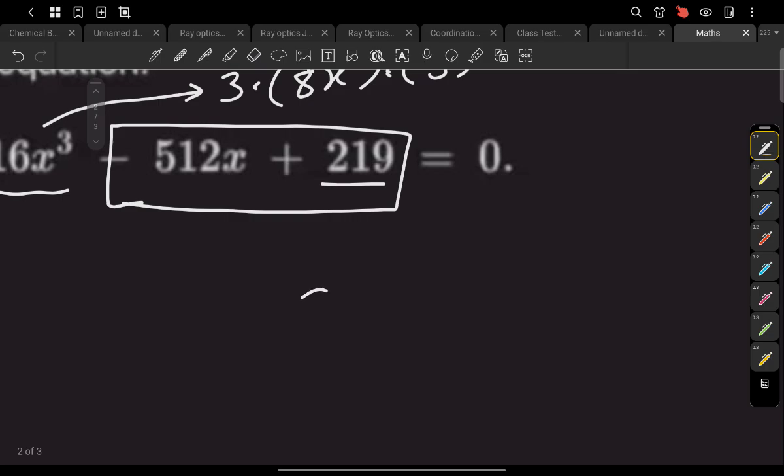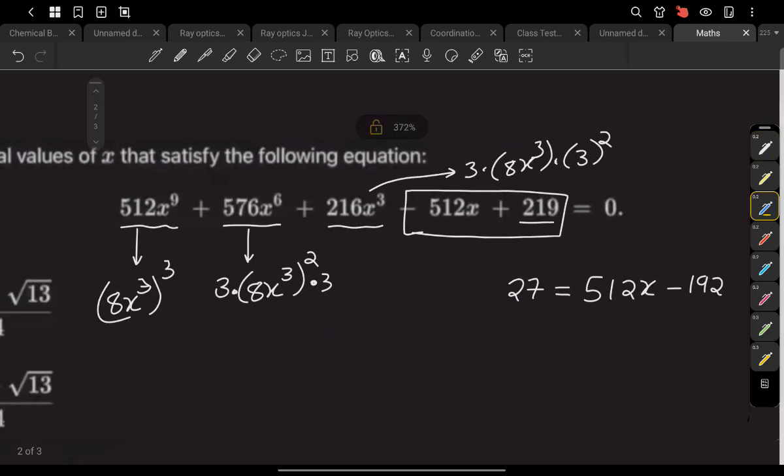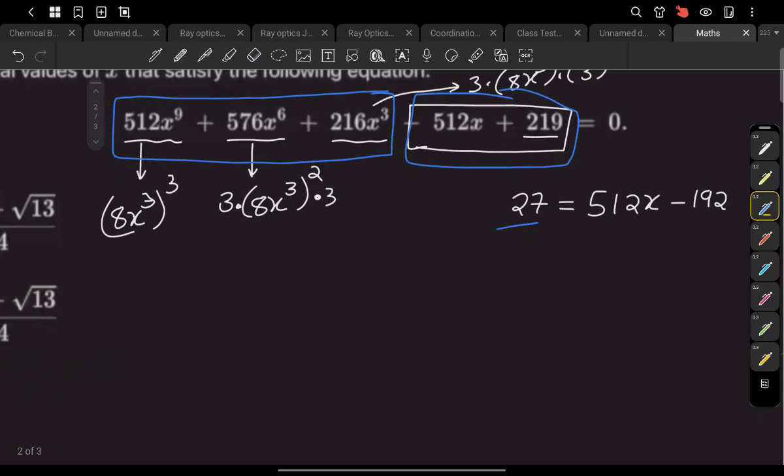We will release a 27 on LHS and take the rest value to RHS. So what we will get is 512x minus 192 on RHS. Now what we have to do is we will see these three terms as one and this as one term. We will take this 27 with this one.